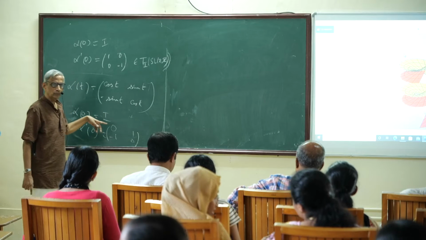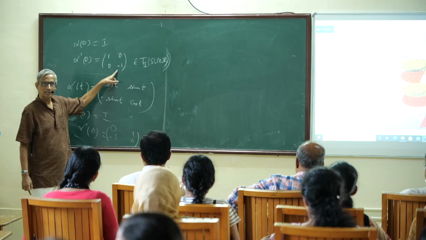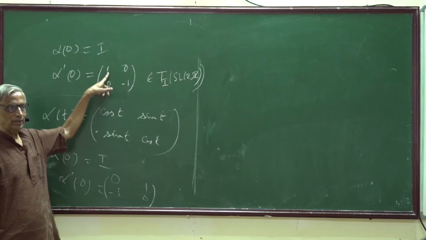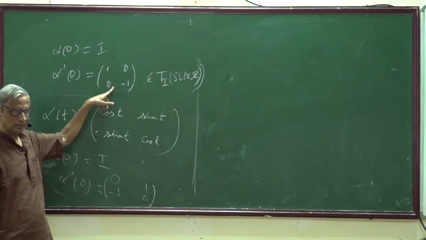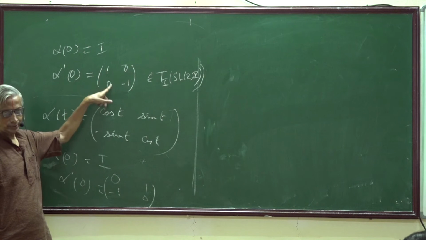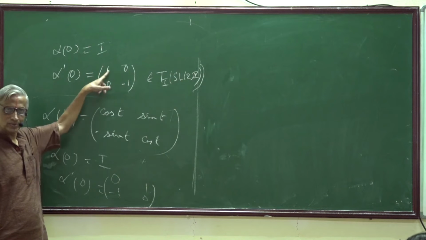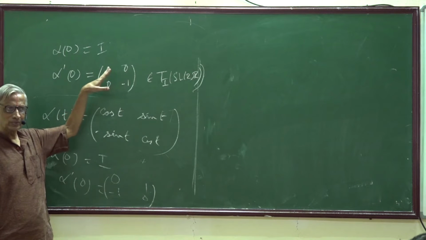Is there any property common to this and that? Here 1 and minus 1 are the eigenvalues, right? What is the sum? 0. So what is 0 in this case? What is the sum of eigenvalues?